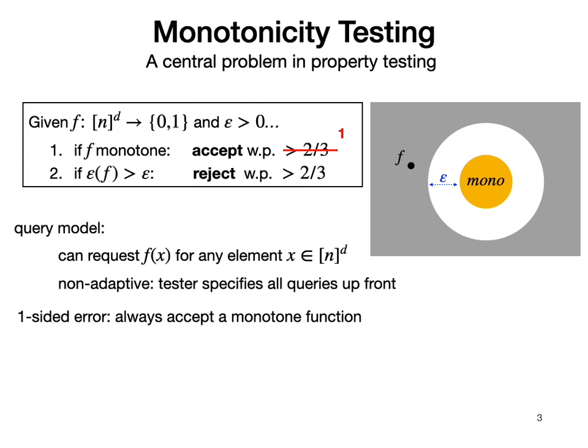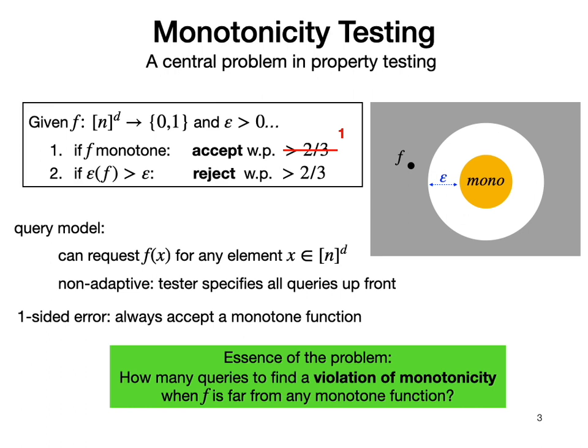So as a consequence, if the tester is going to reject a function, it must have seen a proof that it's not monotone. So it must have seen a pair of points x and y, which violate monotonicity. So the essence of the problem is really how many queries do we need in order to find such a pair under the assumption that f is far from any monotone function.